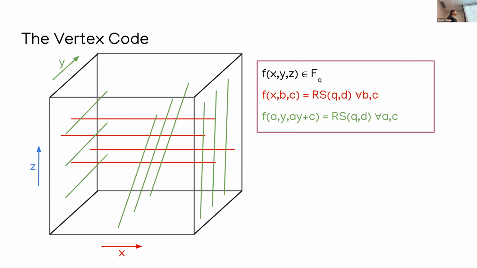There's a skew going on. If you fix an x and a z coordinate, a and c, then you take the twisted lines in that direction, and you want to show that those also lie in a Reed-Solomon code. In particular, if x is 0, these lines are horizontal. If x is 1, they're more slanted, and they turn as the code goes on.